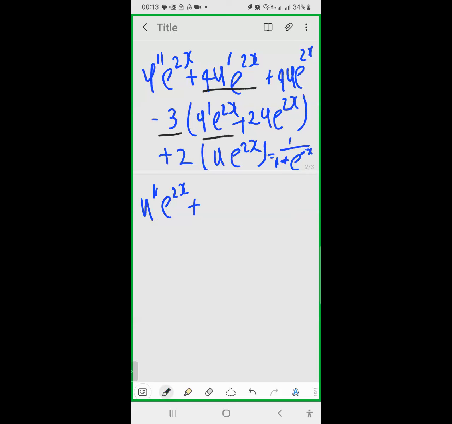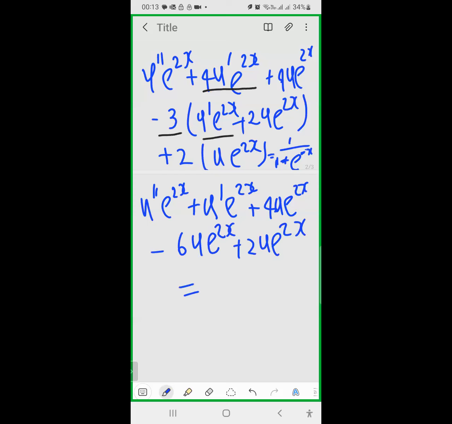So this is going to be 4 minus 3, which is 1 u prime e to the power 2x, and then we have plus 4u e to the power 2x, and then minus 3 multiplied by 2, this will be minus 6u e to the power 2x, and then plus 2u e to the power 2x. This is all equal to 1 over 1 plus e to the power minus x.